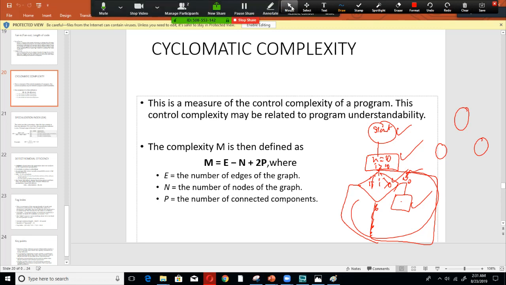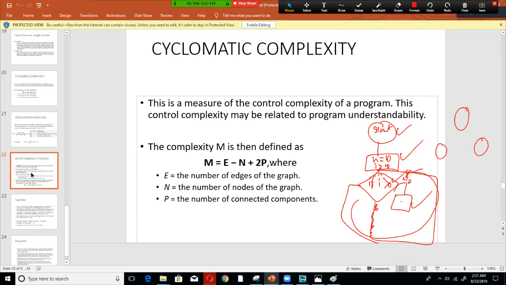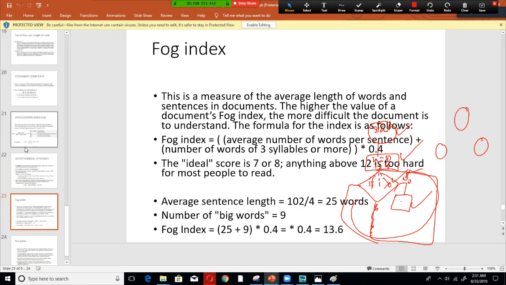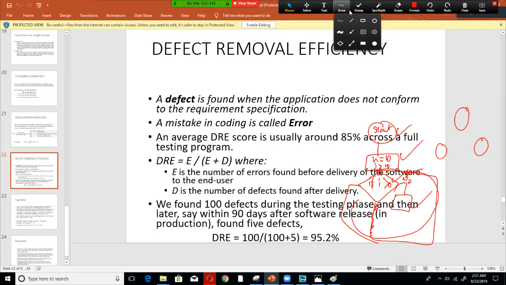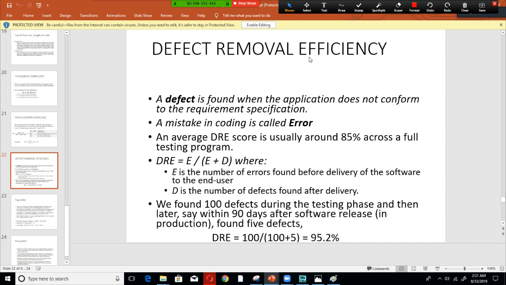Now moving on, our next topic is defect removal efficiency. So here the formula is really simple. What's DRE?